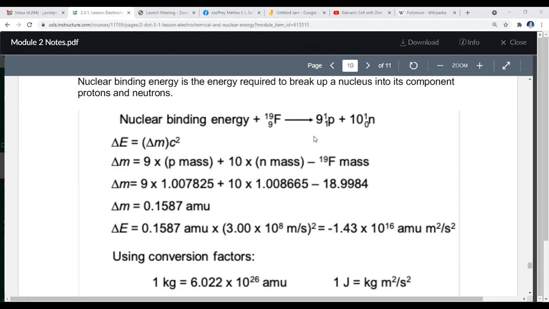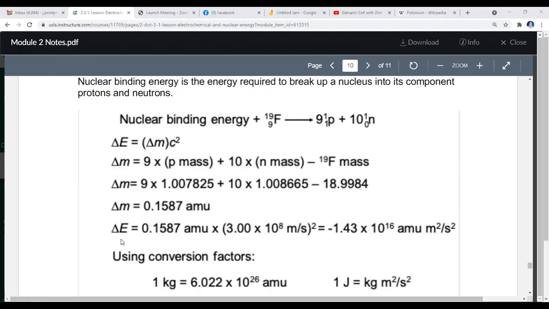So 9 times the mass of the protons plus 10 times the mass of the neutrons minus the mass of the fluorine atom. This is the mass of the proton, this is the mass of the neutron, and this is the mass of your fluorine atom. Your delta m is 0.15887 atomic mass units. So AMU is atomic mass units.